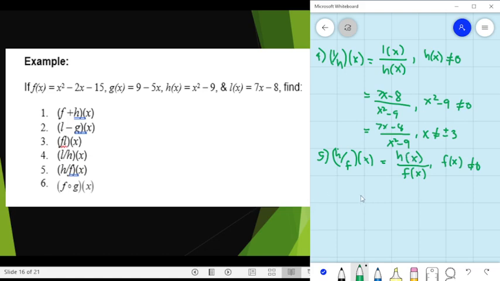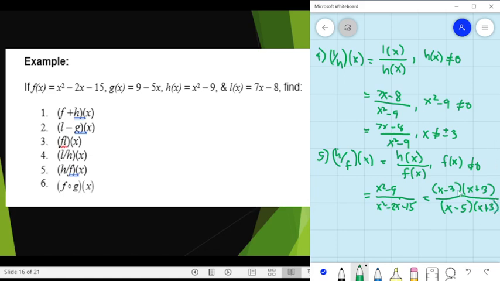So our h of x is x squared minus 9, and our f of x is x squared minus 2x minus 15. Okay, applying factoring, factor out the numerator: quantity x minus 3 and quantity x plus 3, all over quantity x minus 5 and x plus 3.